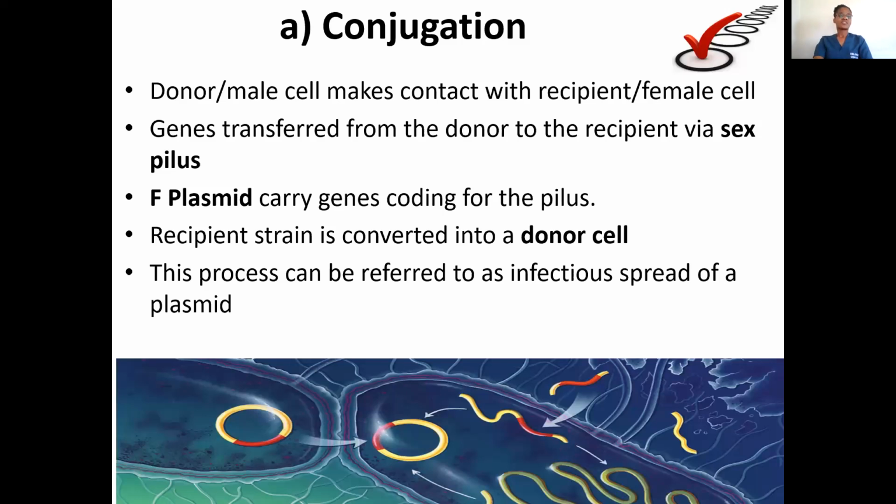And this recipient strain is going to be converted into a donor cell. This has been seen in several instances, including transfer of the beta-lactamase gene that gives penicillin resistance in various cells.